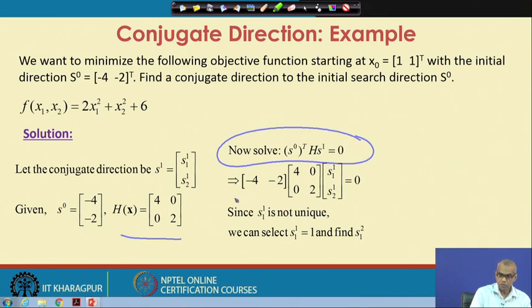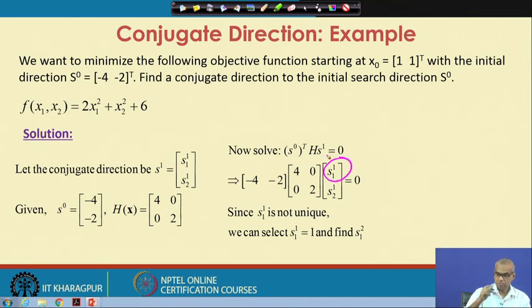So, put S0 transpose, the Hessian matrix H and the search direction S1. This has to be 0, this has to be solved. Now, note that this is not unique. So, we can select one component and find the other one.